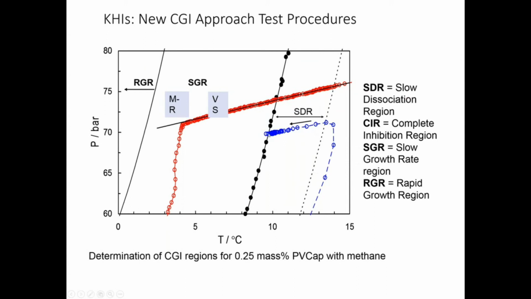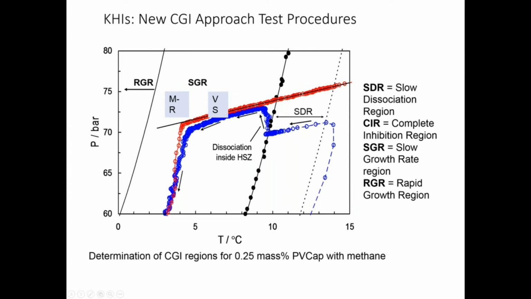Once we go on the phase boundary, you expect this to go this way, but it goes this way. What does it mean? The hydrate is melting. Then if you cool down, you see that it forms here, and up to this area, it doesn't form.